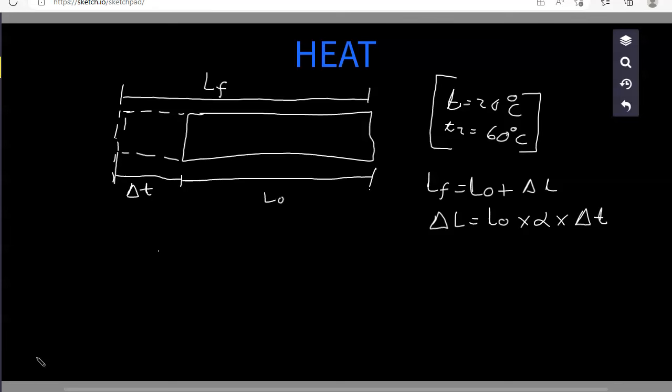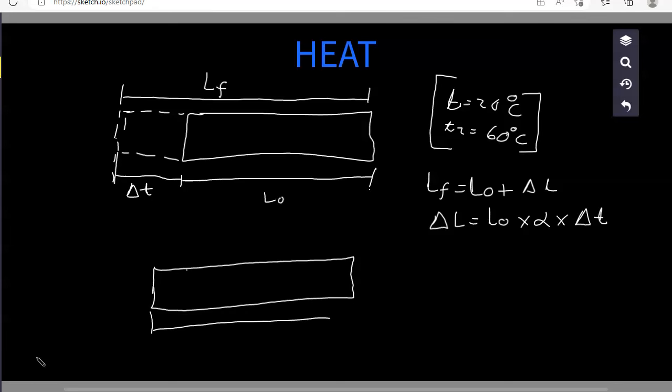You will be given the coefficient of linear expansion. So let's say now we have a material, but the temperature is not increasing but decreasing. What is the universal response to that? This will be our original length, L. The material will decrease in length because we are experiencing a temperature decrease.